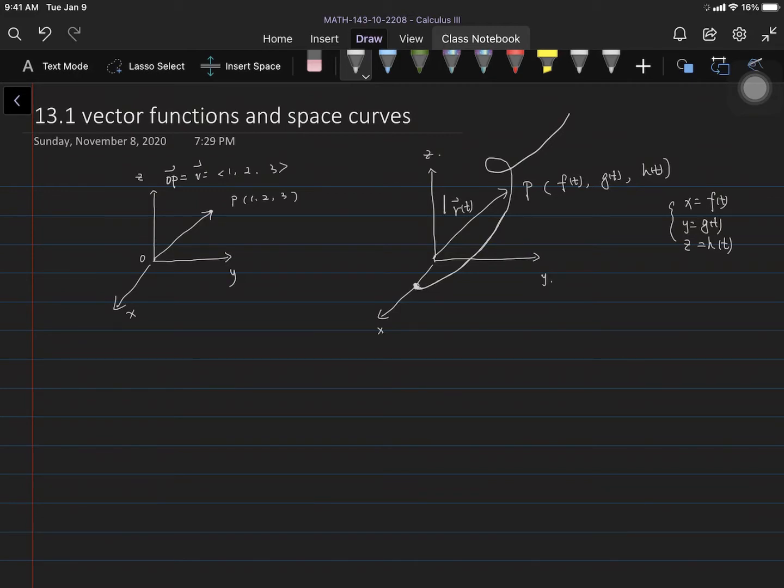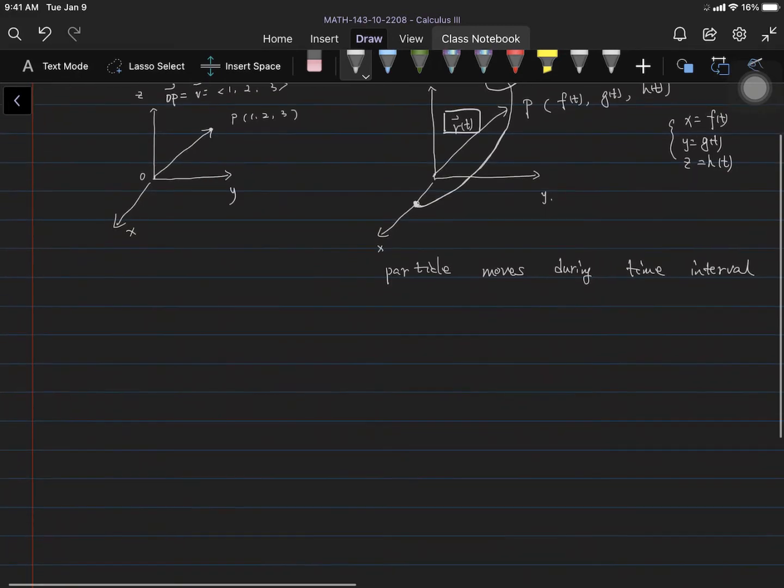And the vector here is called a vector function. So you can think about this like a particle moving during a time interval. So later we're going to see a lot of examples. So here is just a basic idea of vector function.